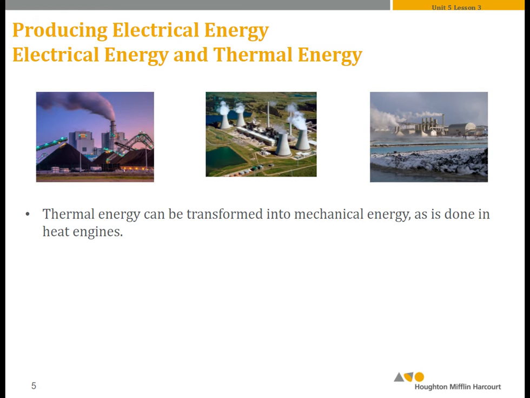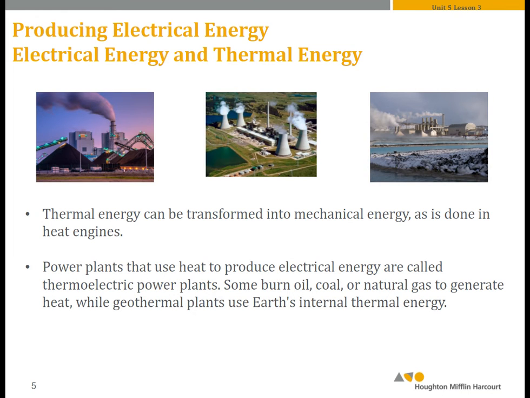So we have this intermediate process: we have a bunch of chemical energy stored in the fossil fuels. We burn the fossil fuels to release thermal energy, and then the thermal energy is transferred into mechanical energy. So there are multiple steps to the energy transformation, because the mechanical energy is then converted into electrical energy.